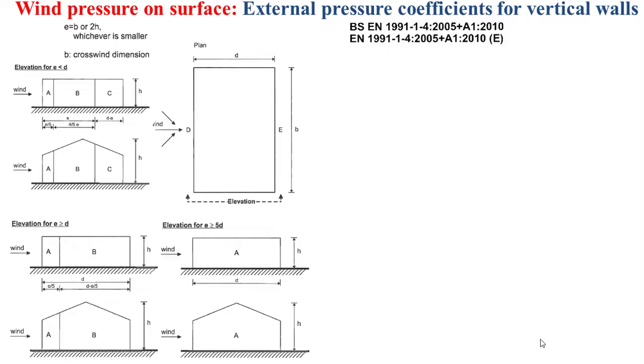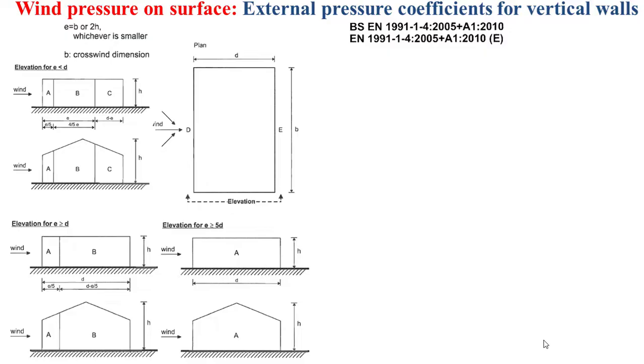The third case is when the dimension small e is higher than 5 times the dimension small d. In this case, we have only one single pressure zone in the side wall, which is the zone A, and of course here the in-wind dimension of the zone A is equal to the dimension small d.